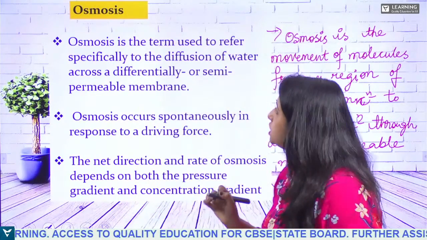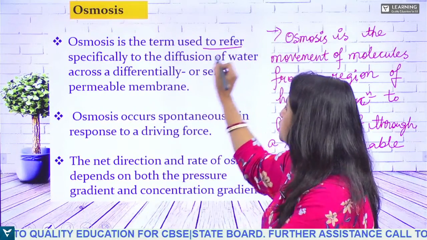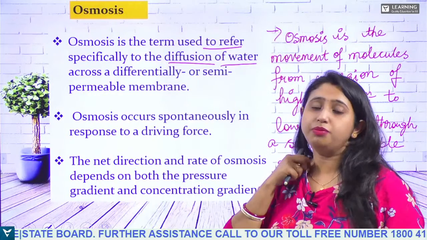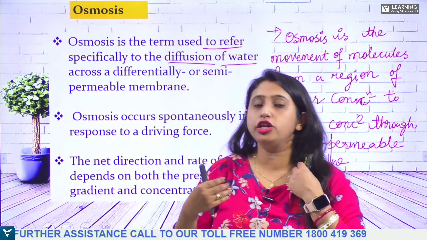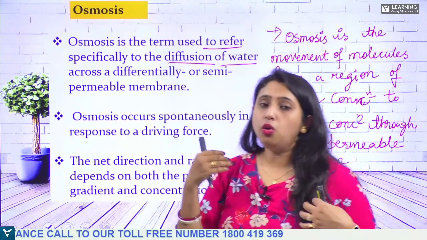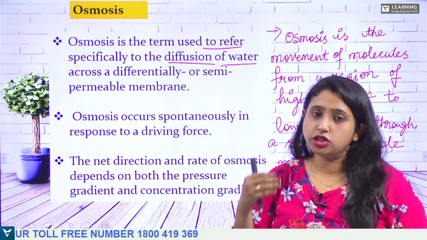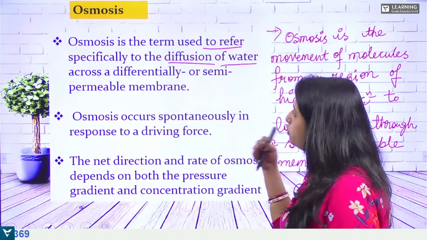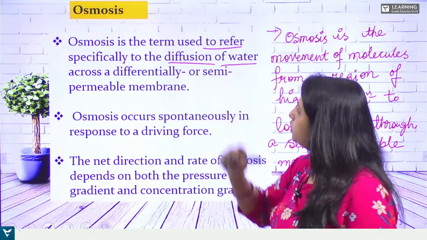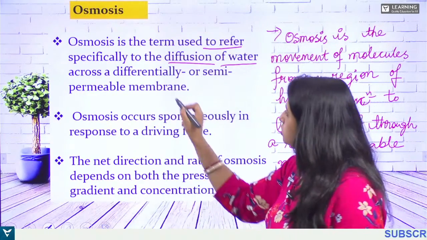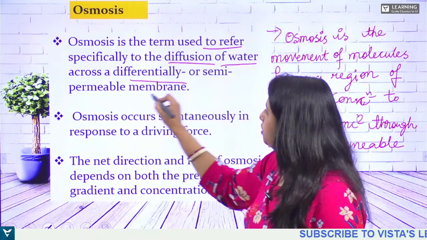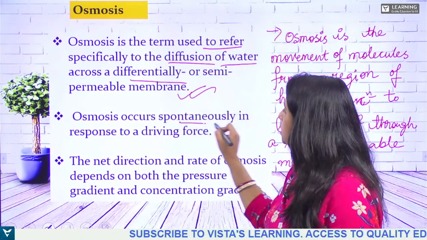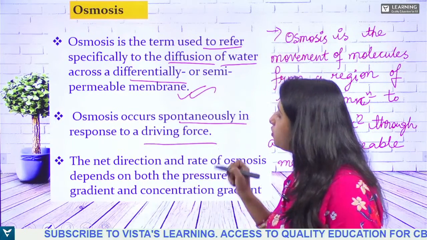Now, osmosis is the term used to refer specially to the diffusion of water. So what happens in diffusion? In diffusion, the molecules move from higher concentration to lower concentration, right? Similarly, osmosis is used to specially refer to the diffusion of water across a differentially or semi-permeable membrane, and it occurs spontaneously in response to a driving force.